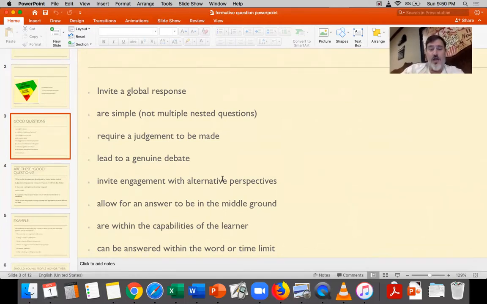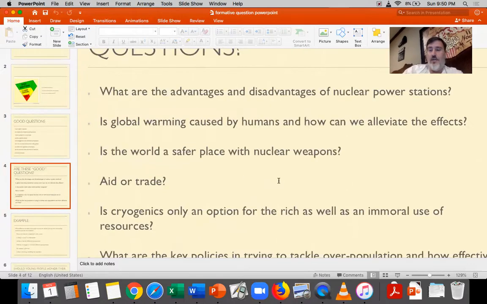But the question is not, does having nuclear weapons create a safer foreign policy? The question is, is the world a safer place with nuclear weapons? And see, there's a logical fallacy built into this, isn't there? Because if there's one nuclear weapon, then the world is inherently less safe, right? So there's no genuine debate to be had.